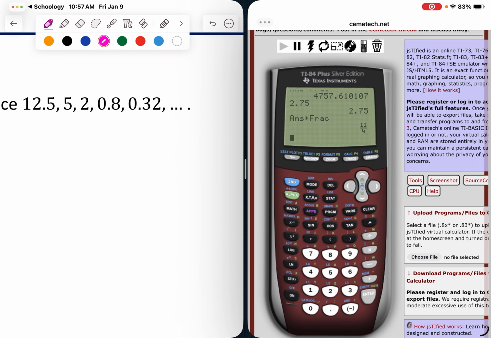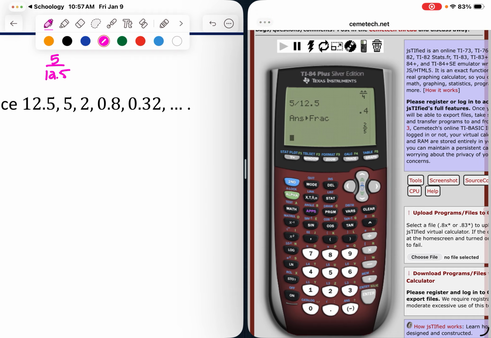I don't know off the top of my head. So I'm going to do 5 divided by 12.5, and I get 0.4. Then I'm going to do math, enter, enter, and I'm going to see that it's 2/5.